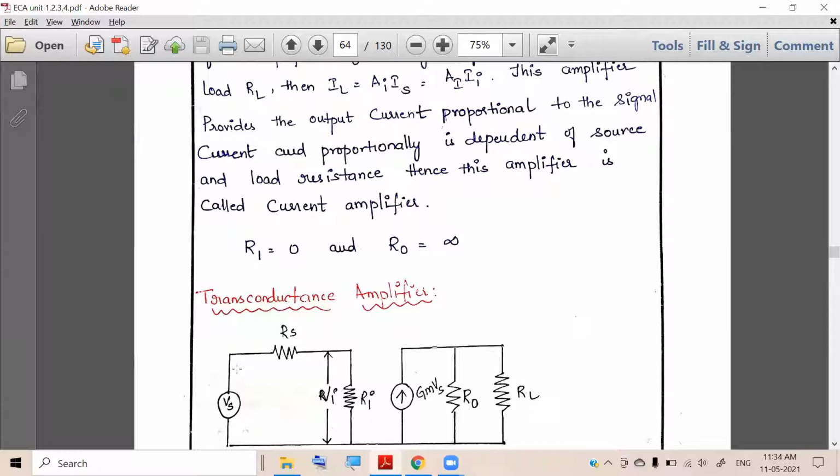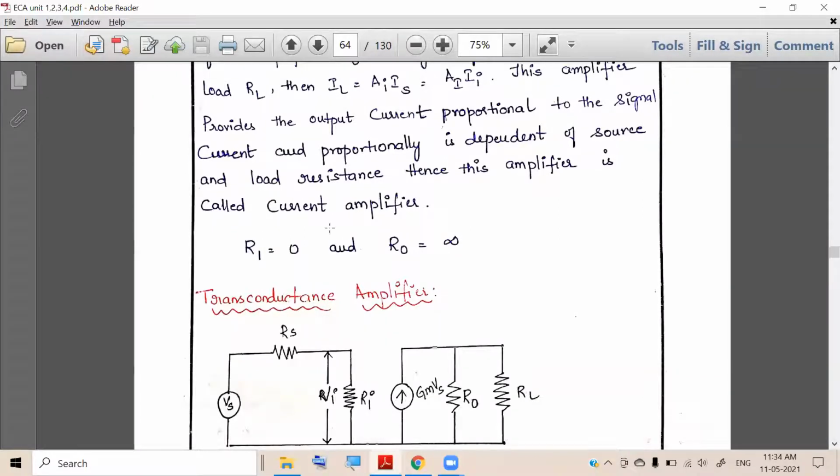So transconductance amplifier means output is current, input is voltage.